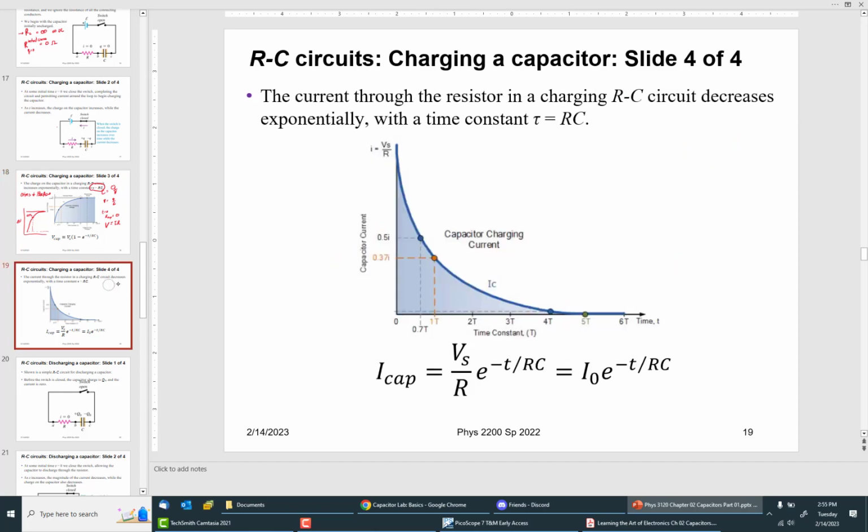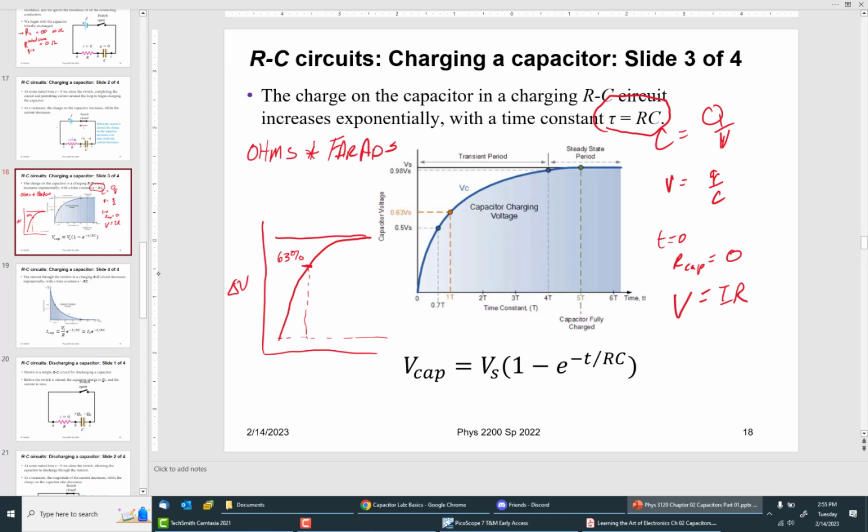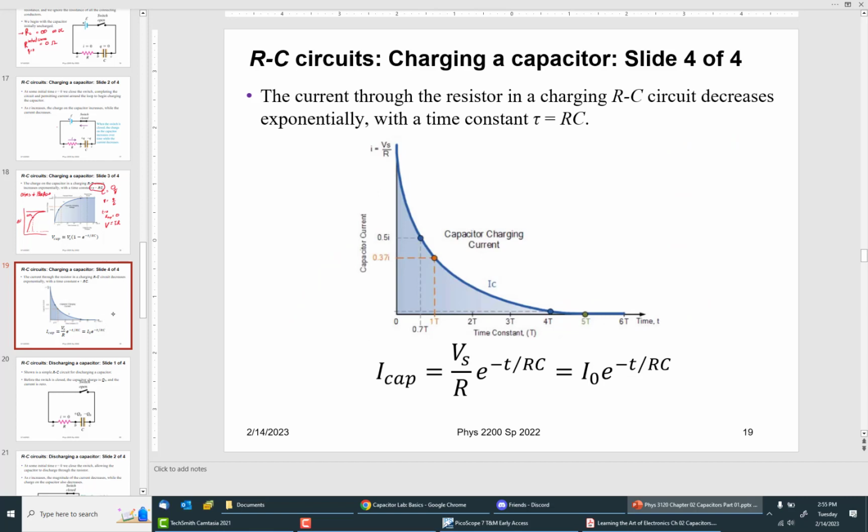Anyways, the current. Now notice also the mathematical form, 1 minus, because you want it at t equals 0, then this quantity is 0. Hopefully as physics majors you've seen this any number of times. Then the current, again, R cap at t equals 0 equals 0.